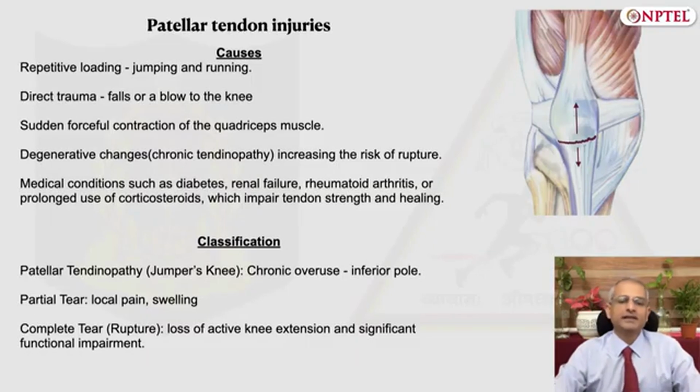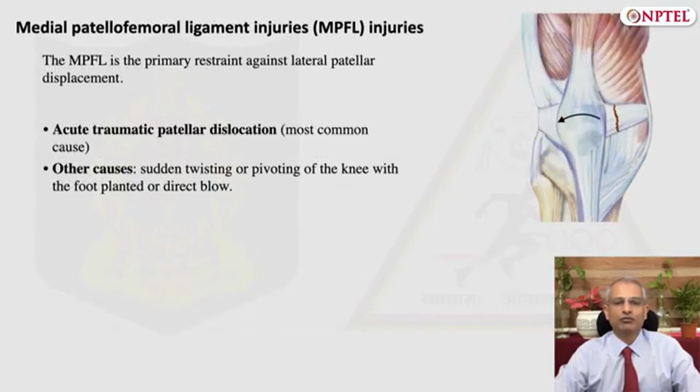The next common entity is the injury to the medial patellofemoral ligament, or the MPFL. The MPFL is a primary restraint against lateral patellar displacement. It keeps the patella in the trochlea.